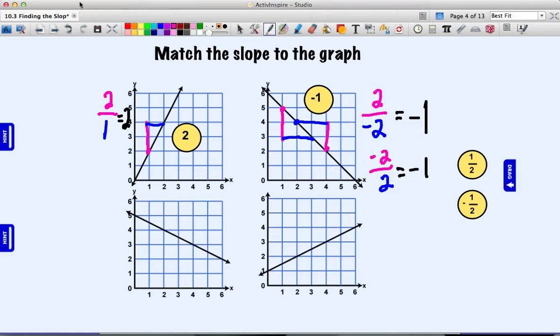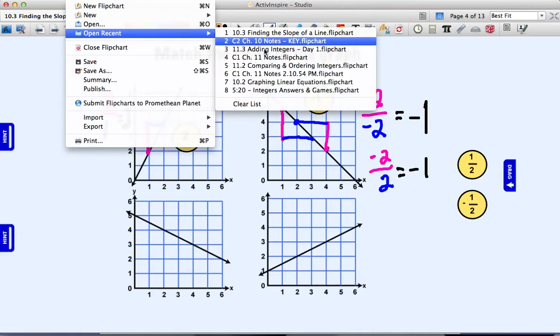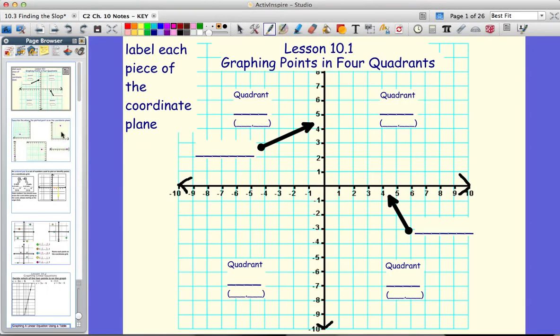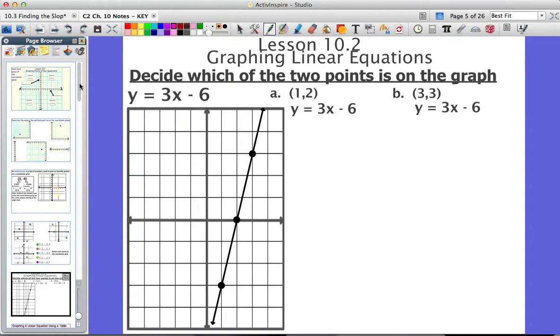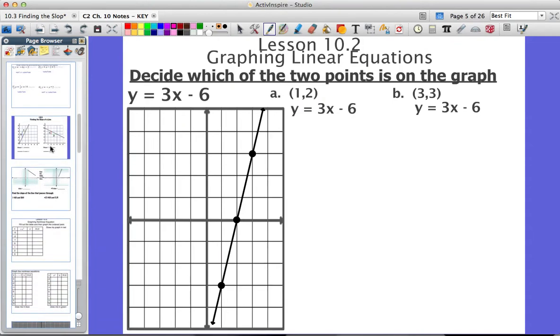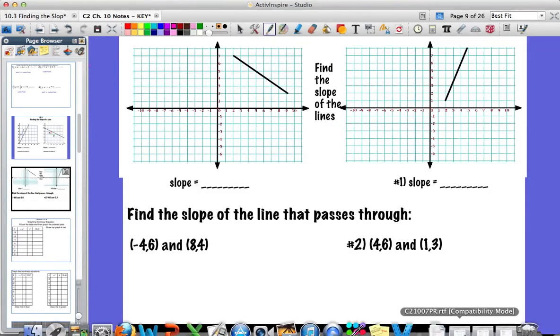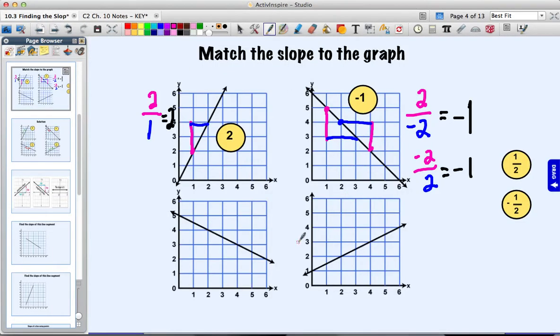Right, I want to take a look at your notes here. You don't have any of these yet, so if you'd like to try and pause and figure this out on your own on an extra sheet of paper, you can.